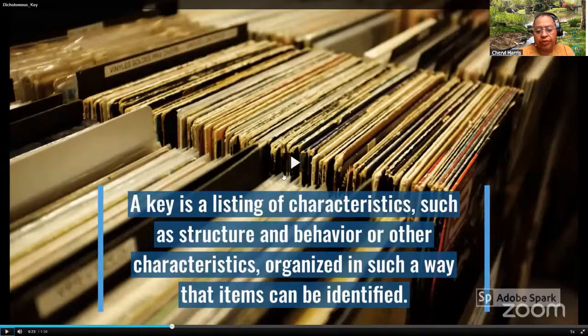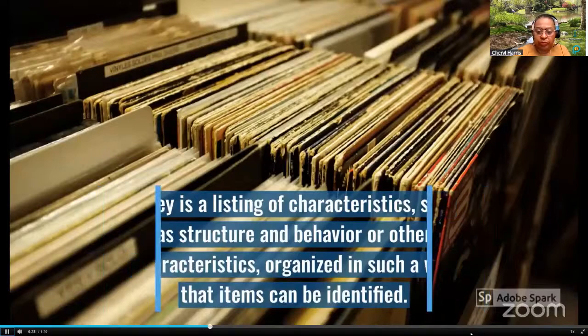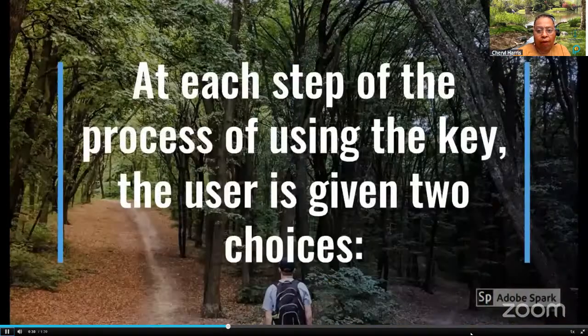All right, this is the key to what a dichotomous key is. It has a listing of the characteristics such as structure, behavior, or other things that are uniquely visible characteristics for an organism. And they use that with the two sense.